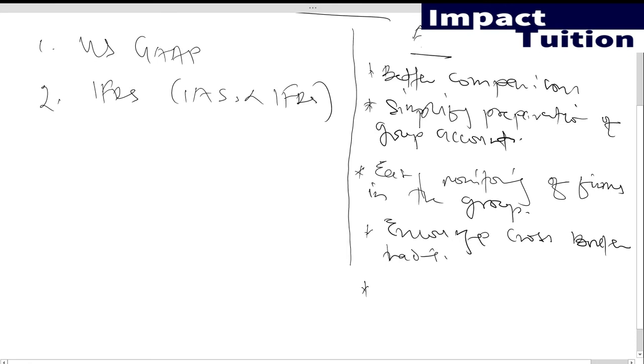And then finally, access to international finance should be easier. Why? Because banks and investors in international financial markets will find it easier to understand the financial information presented to them by entities who wish to raise funds. We'll capture that as easier access to international finance.